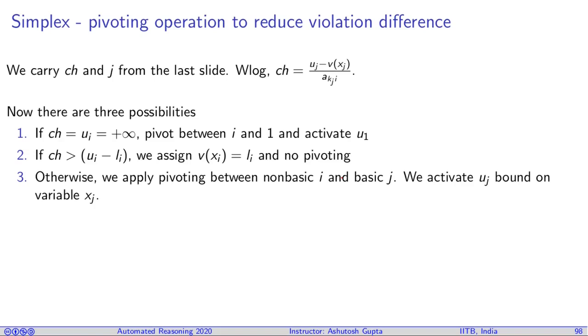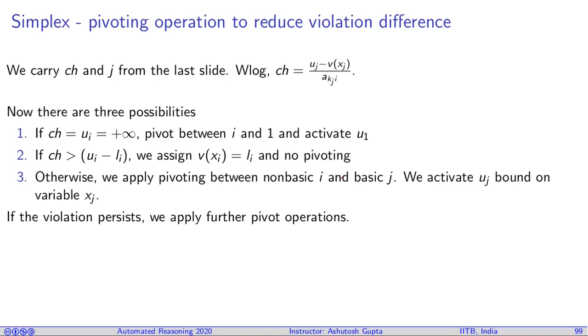Whatever the right direction is, you go, and then you don't need a pivot. If the violation persists, we further do the pivot operation. We go back, look for the same violations, identify basic and non-basic variables, and swap them. Keep doing this and the process will keep decreasing your violation difference. At some point, it will become greater than or equal to 0.